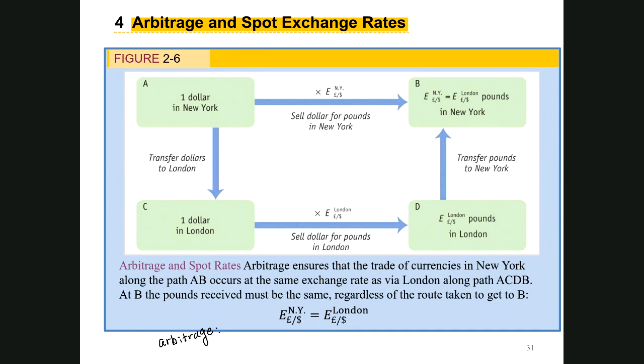To be straightforward, it is to buy at a low price and sell at a high price, so that you could have the margin. So you can be profitable if you do arbitrage. The detailed definition is a trading strategy that exploits any profit opportunity arising from price differences.